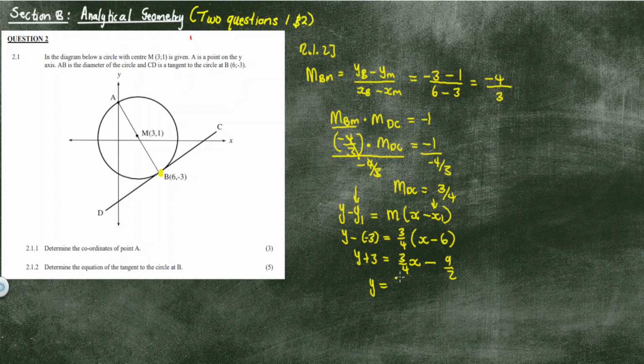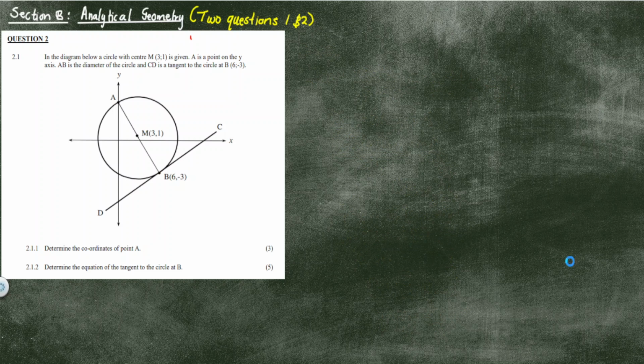Then it's y equal to 3 over 4x minus 9 over 2 minus 3. Then y is equal to 3 over 4x minus 15 over 2. I hope you'll tolerate the calculation. So it's minus 9 over 2 minus 3. Yes, negative 15 over 2. So that's the final answer. Okay.